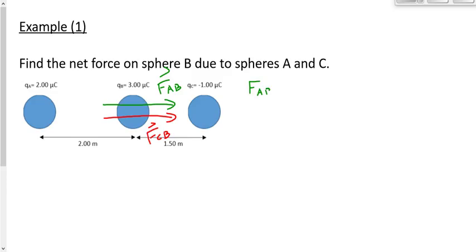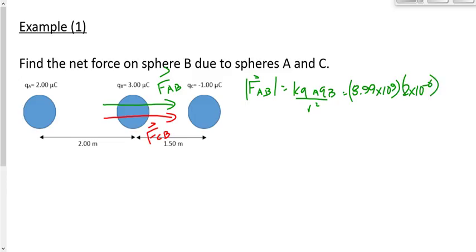We're going to say the magnitude of FAB is K QA QB over R squared. QA is 2 times 10 to the negative 6. That's what a microcoulomb is, right? 10 to the negative 6 times 3 times 10 to the negative 6, divided by the distance, 2 squared.